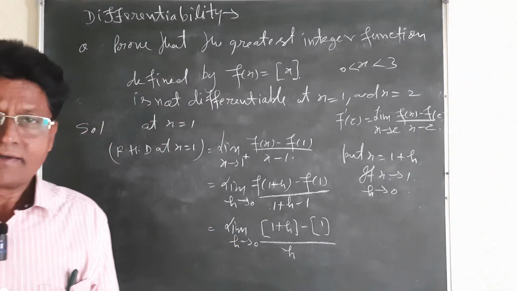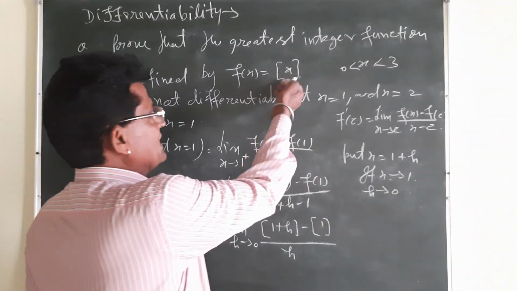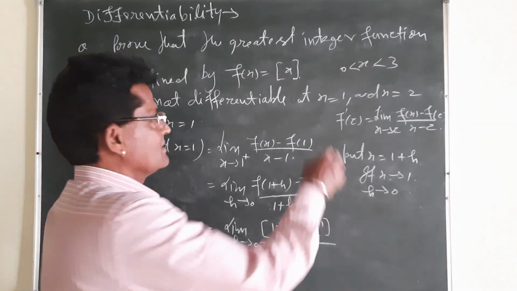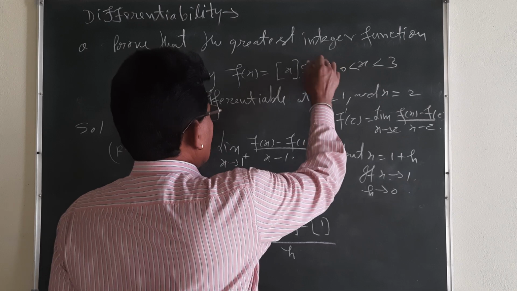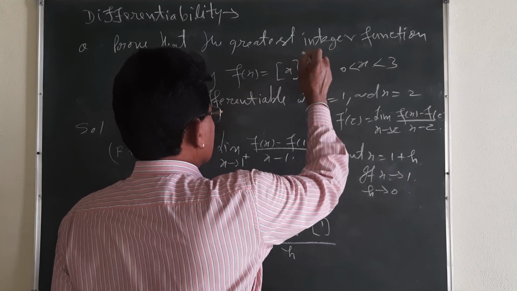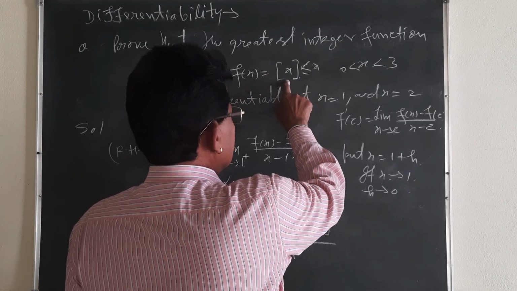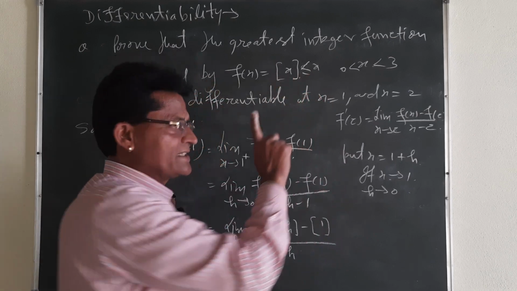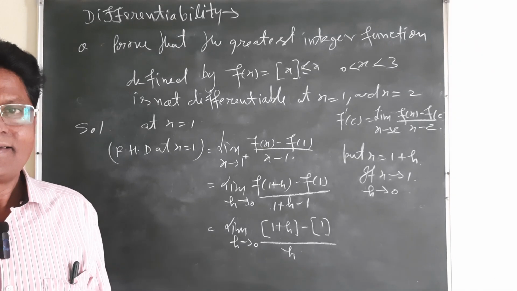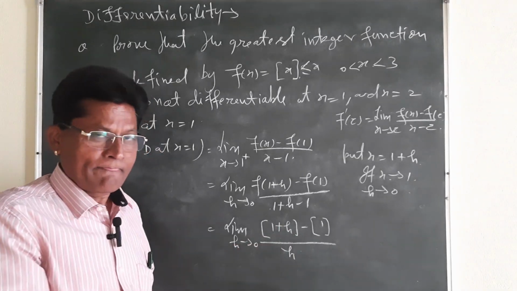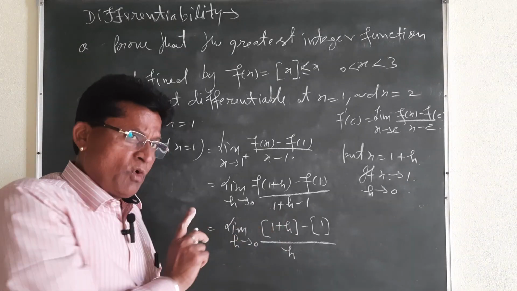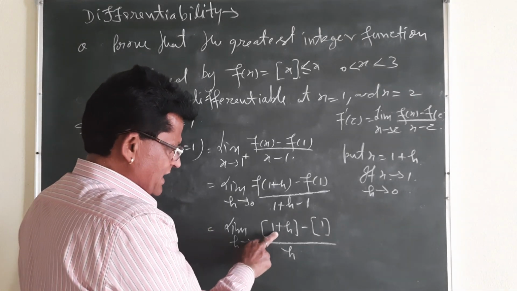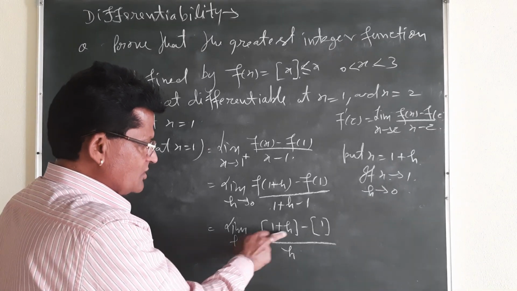Very simplest way. It is the symbol of greatest integer, and its value will be less than or equal to x. I discussed this several times in my previous videos. The value of the greatest integer will be less than or equal to x, it can be equal, or else less than x, it cannot be more than x. Then 1 plus h, that is very small, that may not be equal to 1 or 2, whatever it is. So it is more than 1, what will its value be? 1.